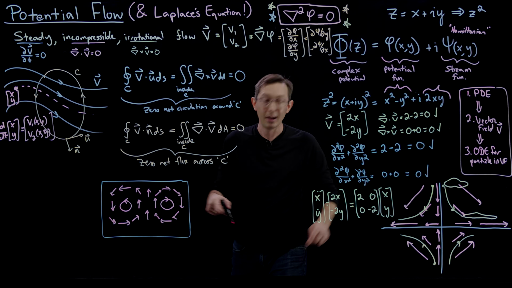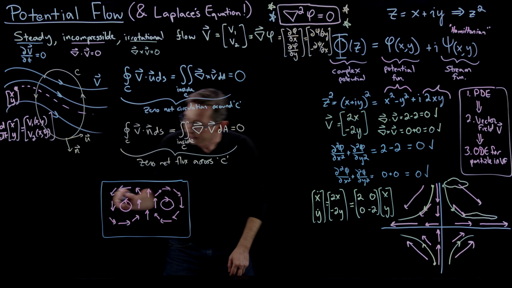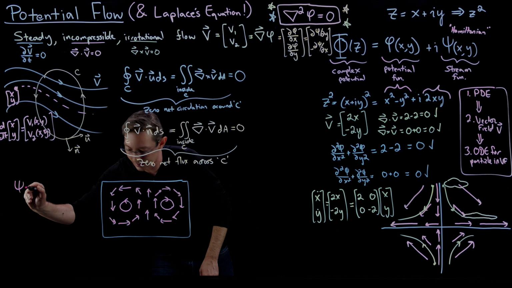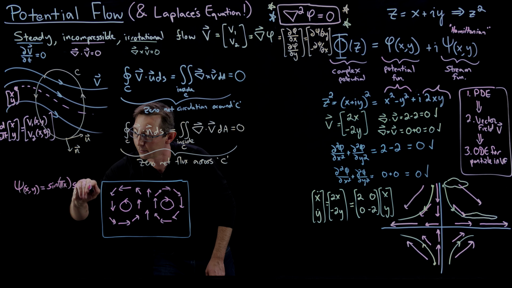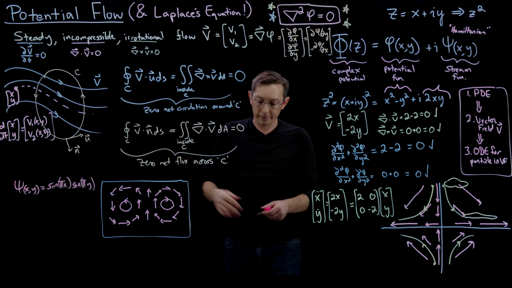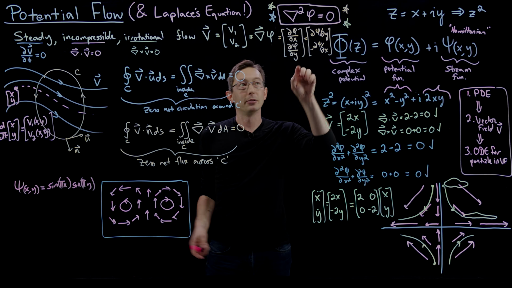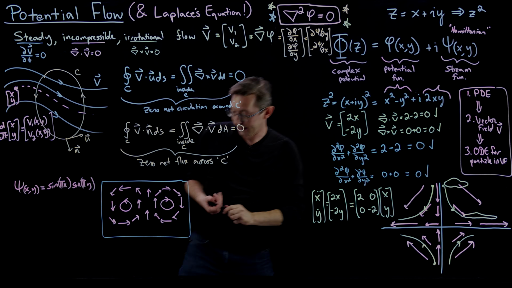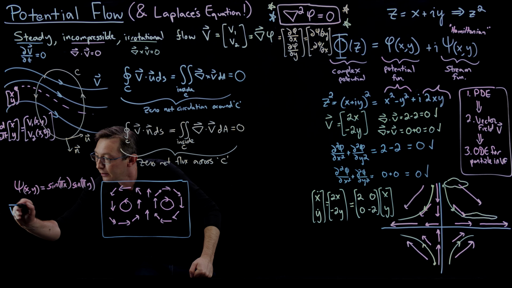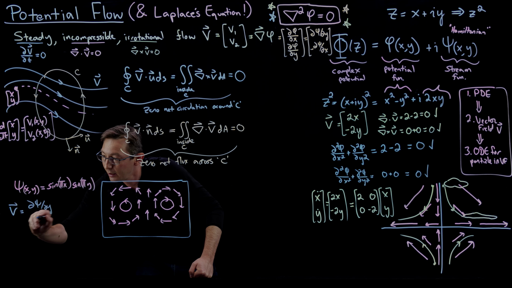And that potential function, actually, I'm going to do it with a stream function. That stream function is just psi of x and y equals sine pi x times sine pi y. And you can verify that the vector field you get out by taking these partial derivatives satisfies this vector field: v equals partial psi partial y and minus partial psi partial x.